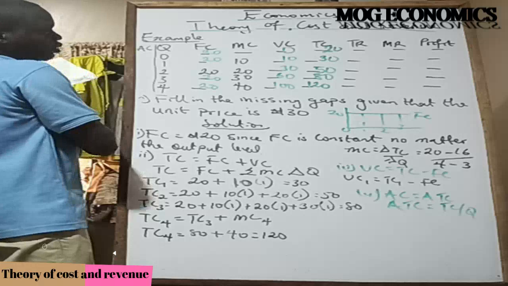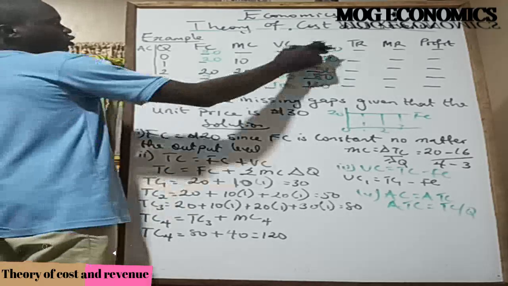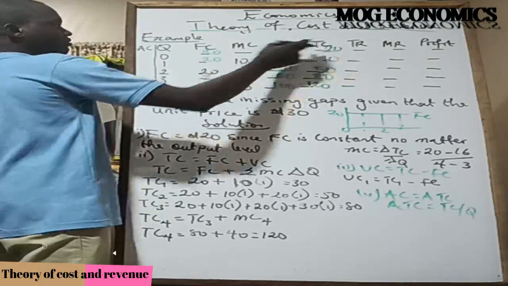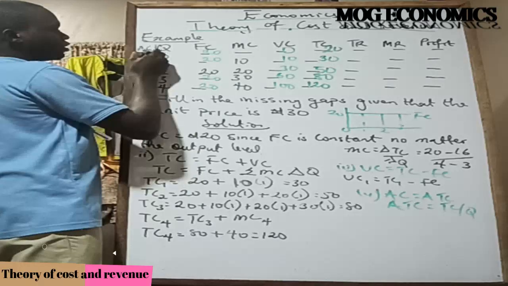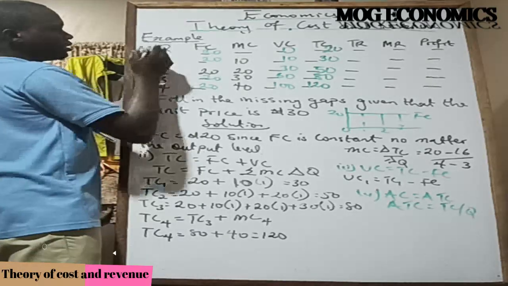So you just go from one place to another. 20, which is the first TC, divided by 0 will give you undefined. So the first one is a dash here.